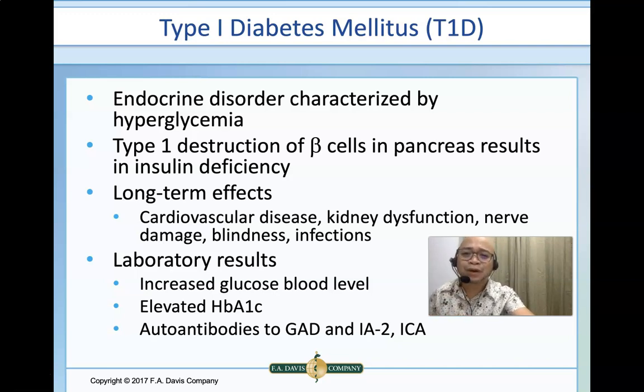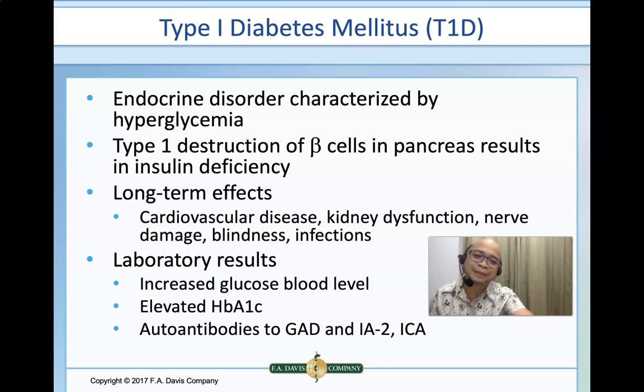Well, type 1 may be considered an autoimmune disease because it involves destruction of the beta cells in the pancreas, resulting in insulin deficiency. And as we all know, if insulin is deficient, we will not be able to control our blood sugar.